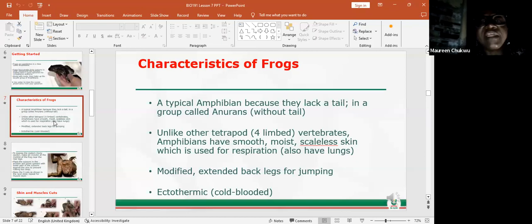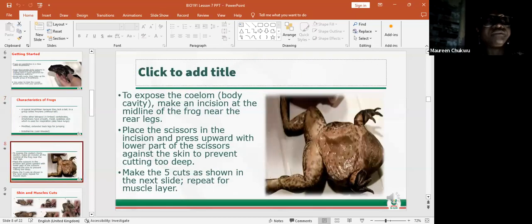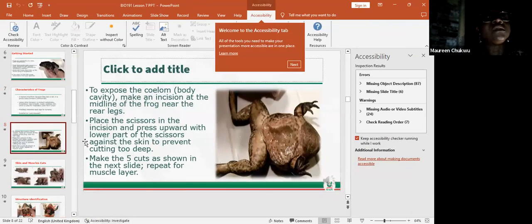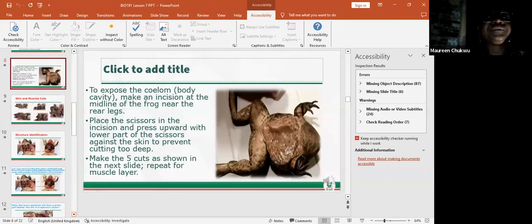They have modified, extended back legs for jumping, and they are said to be ectothermic, that's cold-blooded animals.